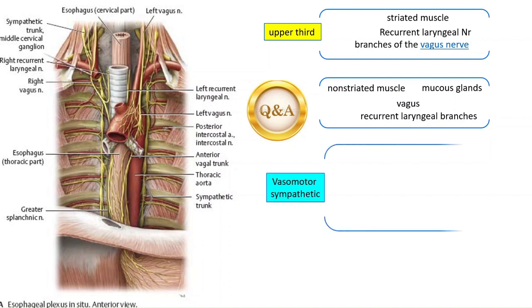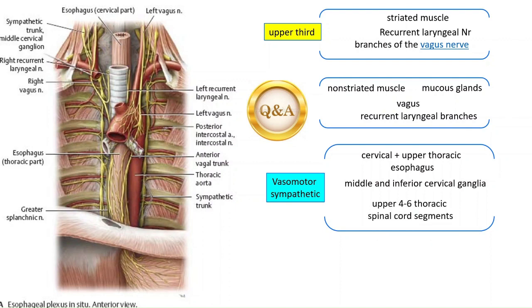The vasomotor sympathetic nerve supply comes from cervical and upper thoracic esophagus, middle and inferior cervical ganglia. These are the sources of the sympathetic supply from the sympathetic trunk, and upper 4 to 6 thoracic spinal cord segments. This is very important piece of information.